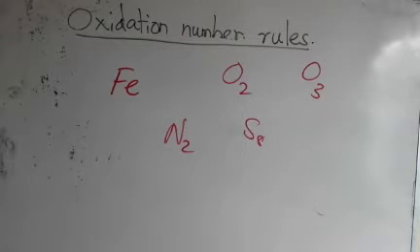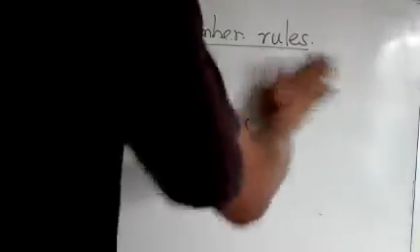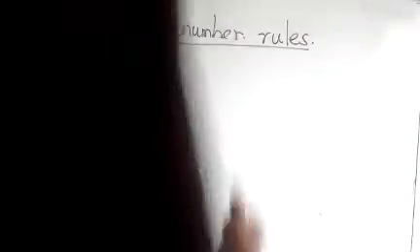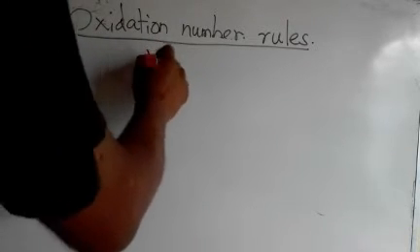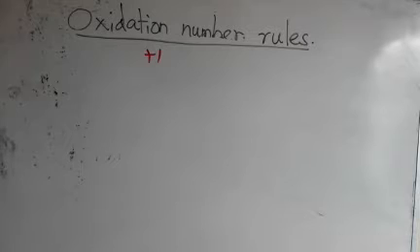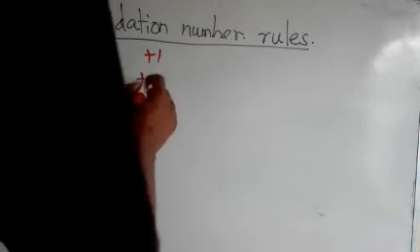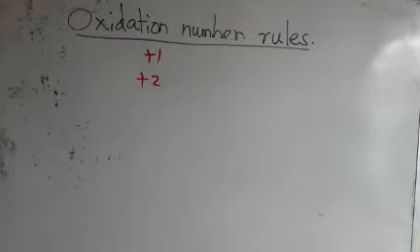Then the second rule: some groups have fixed oxidation numbers. As an example, group 1, which contains sodium, lithium, potassium, cesium, those have the oxidation number +1. Group 2, like magnesium, calcium, barium, they have the +2 oxidation state, most probably.